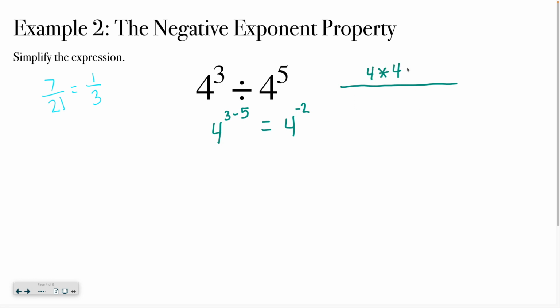So on the top of this fraction is 4 to the 3rd, right? It's the first thing listed, so it goes on top of my fraction. And remember, division is just another way of writing a fraction. And then I have 5 4s being multiplied together on the bottom.